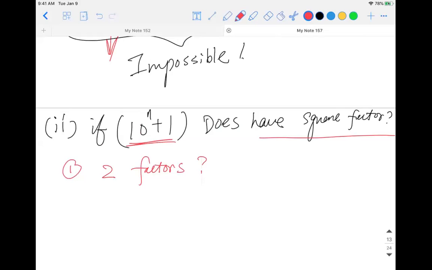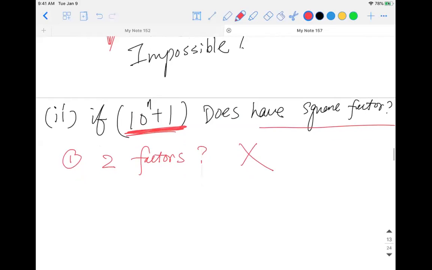This is impossible, right? These guys cannot be a multiple of 2, right? Is it going to be a multiple of 3? Who can tell me? Why? A quick observation: 10 to the power of n plus 1 cannot be a multiple of 3.